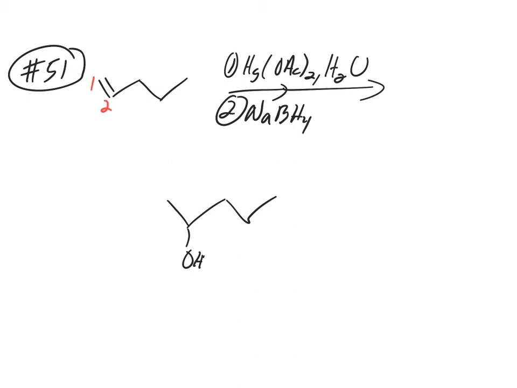What you do need to know for sure is when you see mercury, you think the OH, whether it's an alkene or an alkyne, the OH goes on the more substituted carbon. Right? The oxygen ends up on the more substituted carbon. So that gives you an alcohol with alkenes. With alkynes, it gives you a ketone. It's a little different if it gives you a ketone because there's that tautomerization that has to take place.